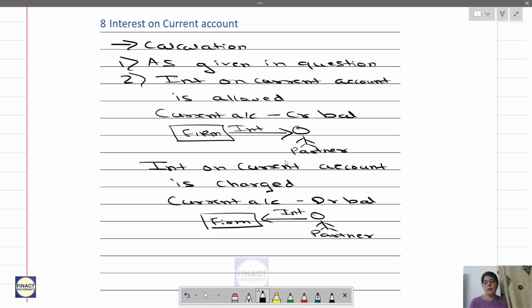The way the partner gives interest on drawing, for the current account also interest will be given by the partner to the firm. That is known as interest charged on current account, and when the firm gives it, it is known as interest allowed. Did you understand?